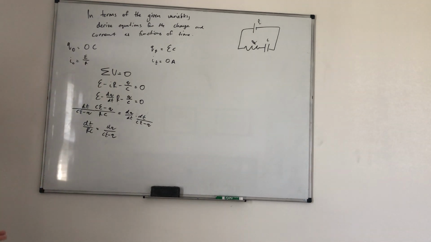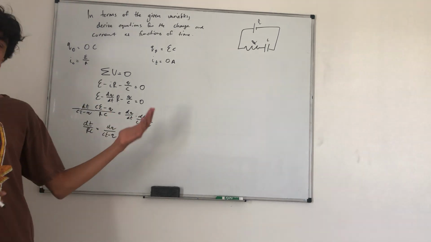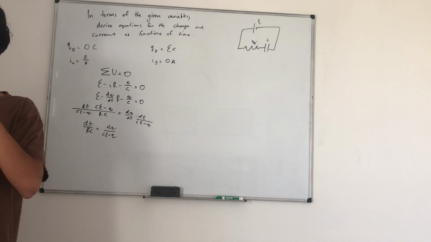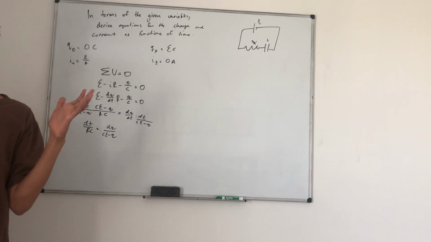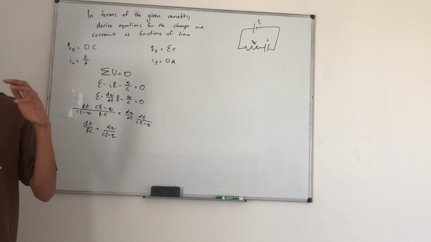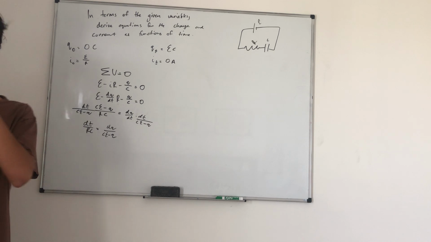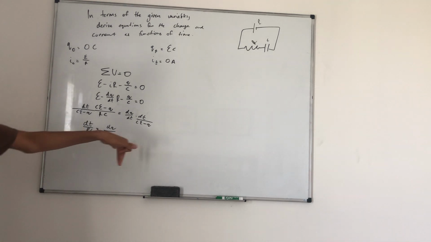Okay, so I'm going to want to integrate, but before I do that, ideally you have on your calculus equation sheet that the integral of dx over x plus a is equal to ln of x plus a. So I want this in an x plus a form.